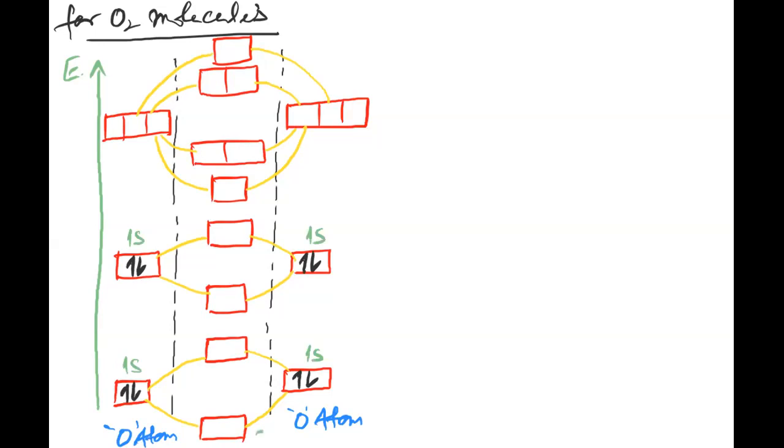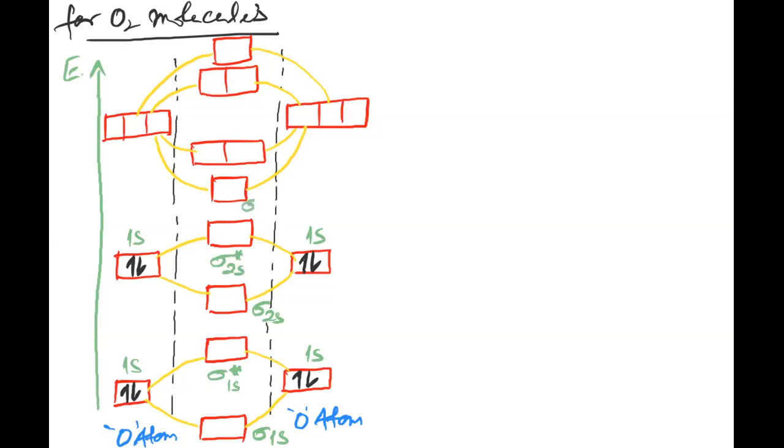This orbital is going to be sigma 1s, sigma star 1s, sigma 2s, and sigma star 2s.